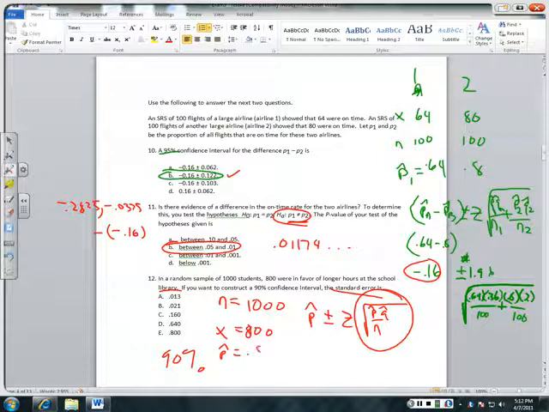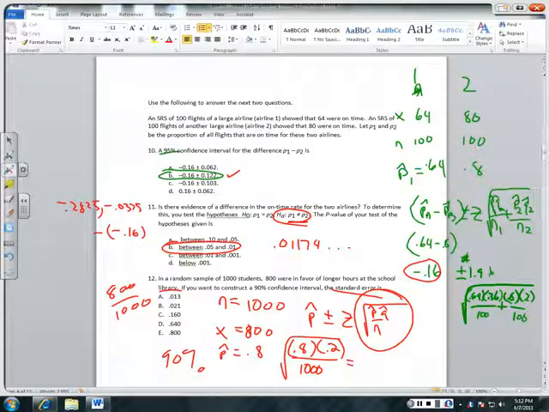So p hat was 0.8, that's just 800 divided by 1,000. And so I need the square root of 0.8 times 1 minus that, the q is just 1 minus whatever the p is, divided by 1,000. And I get 0.0126. I'm going to round that up to 0.013.